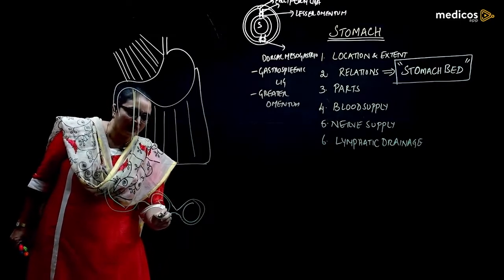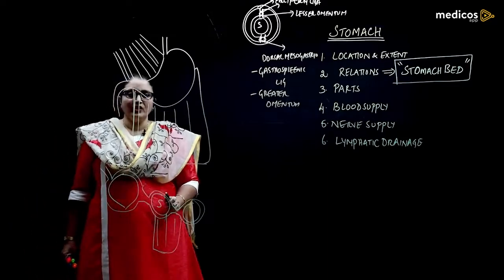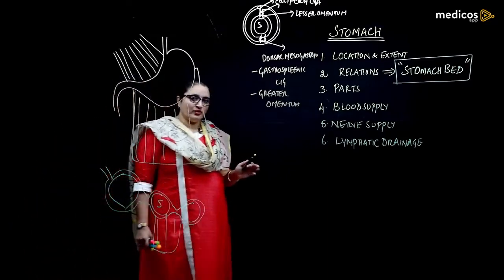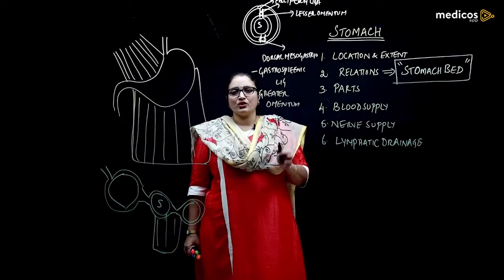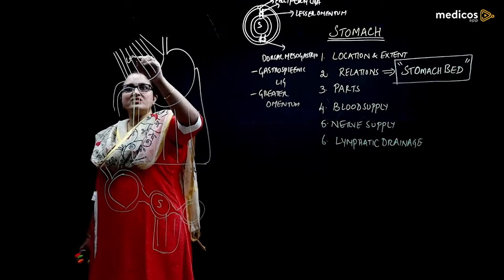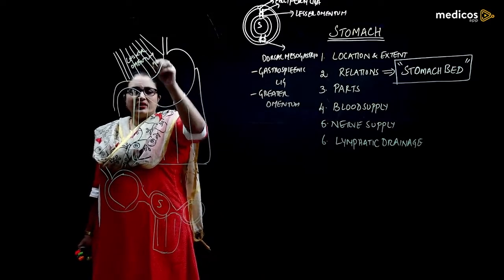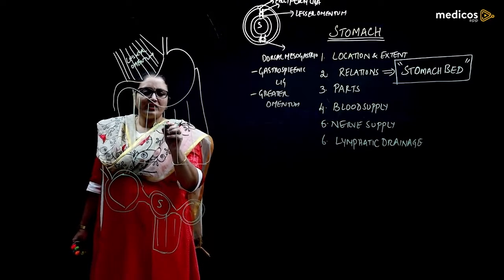If you go down, you see an extension of an apron-like structure, which is the greater omentum. So, the double folds of peritoneum holding the stomach include the lesser omentum here, and the greater omentum here.